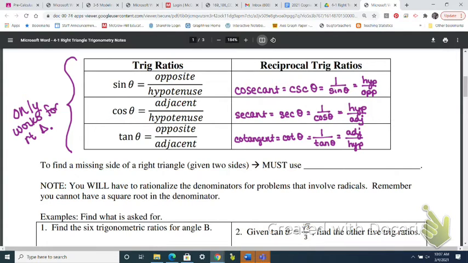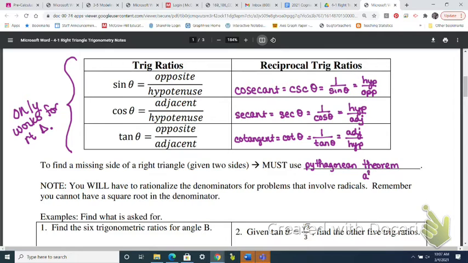So if I need to solve for something, I am only going to use the main 3, which are sine, cosine, tangent. So to find the missing side of a right triangle, remember we are going to use the Pythagorean theorem. Because in order to do all of my ratios, I need to know all of the sides.